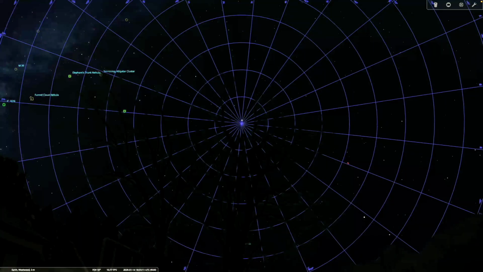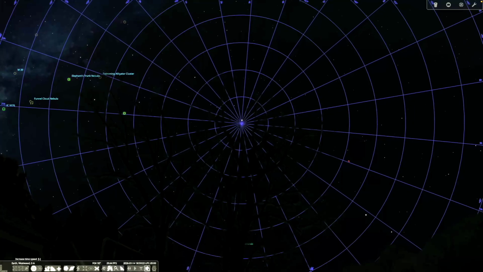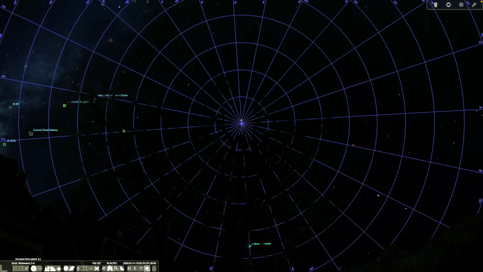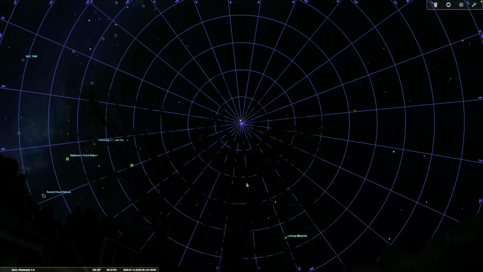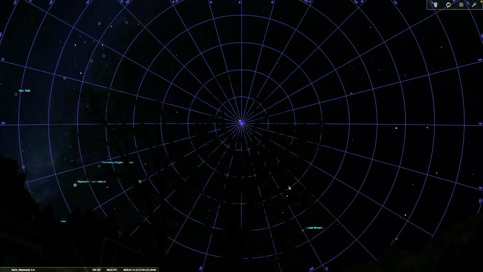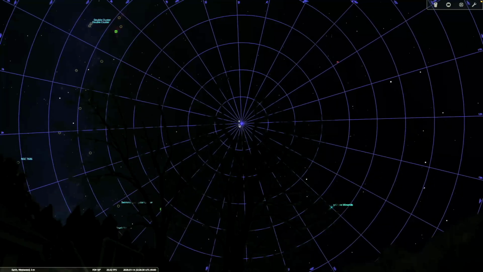Now let me show you something amazing. I have Stellarium pointing north right now, and I'm going to speed up the rotation of the stars. Now look, notice how the stars don't move across the sky in a straight line, right? Instead, they're moving in circles around our central point here.